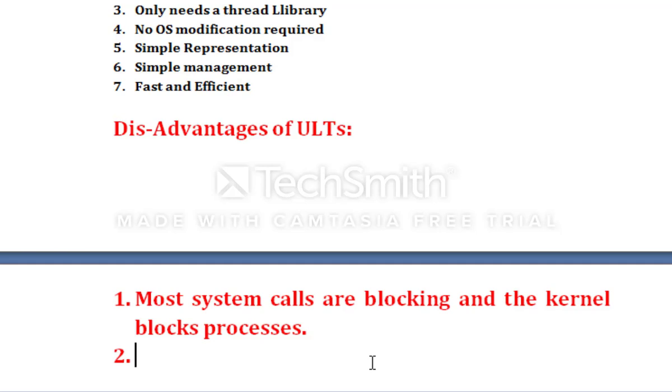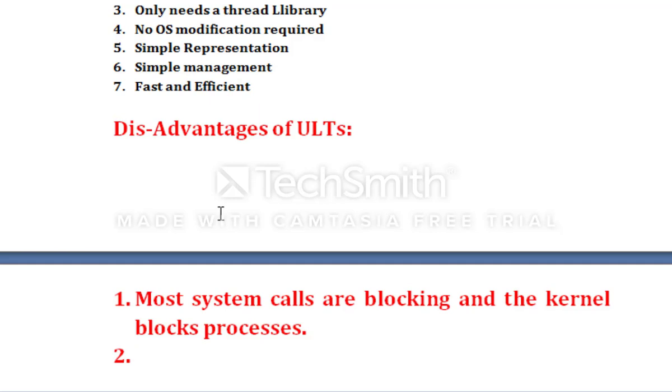That means all the threads within the process will be blocked. A user level thread requires a non-blocking system call, that is, a multi-threaded kernel. Otherwise, the entire process will be blocked in the kernel, even if there are runnable threads left in the process. For example, if one thread causes a page fault, the entire process gets blocked.